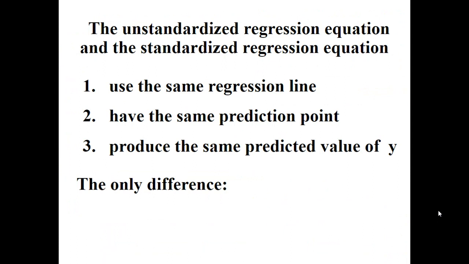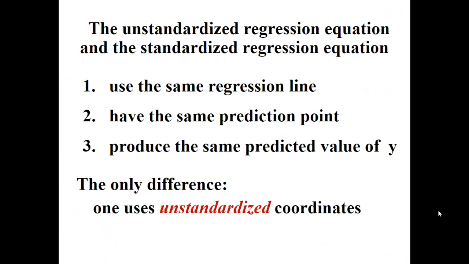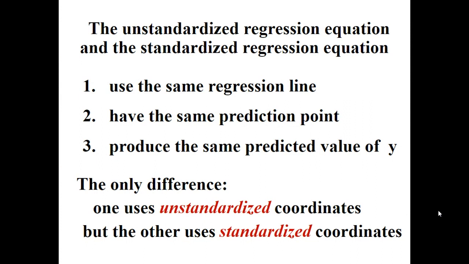The only real difference between them is that one equation uses the unstandardized coordinates of the points, and the other uses the standardized coordinates. Okay, so these two equations are really telling us the same thing, but one uses raw scores, the other uses standardized scores, or you could say z-scores, since standardized scores and z-scores are the same thing.